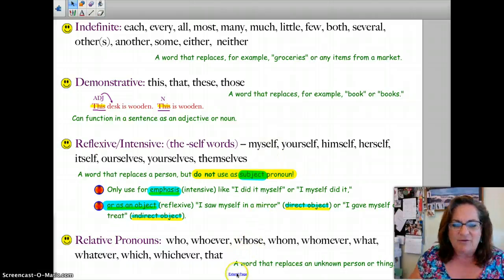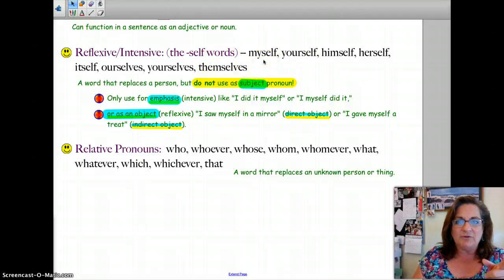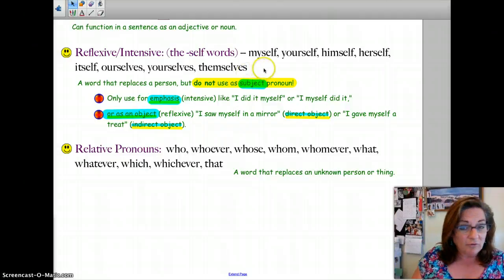So they're kind of functioning in other ways, even though you can just call them a pronoun. Okay. Now, the self words. Let's just call these the self words. Myself, yourself, himself, herself, itself, ourselves. You notice we're going plural here with the VES. Yourselves, like you boys do that yourselves. Themselves. Okay, all of those are also pronouns.